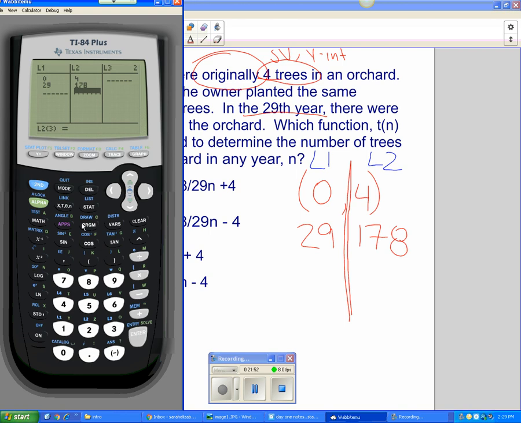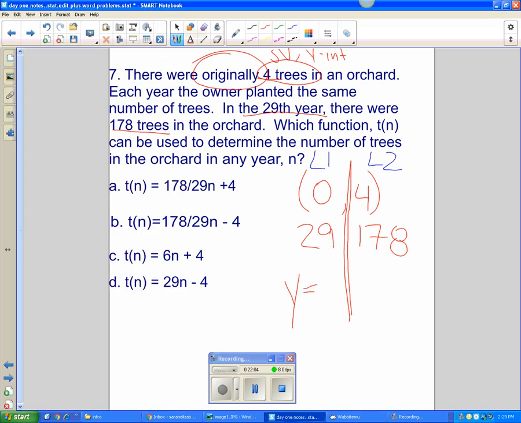All right, so I'm going to hit stat, go over to calc, down to number 4, enter, enter, enter. All right, so you do need to write y equals, what's the a value? 6, and you need to put an x next to it. And what's the b value? 4. Plus 4.